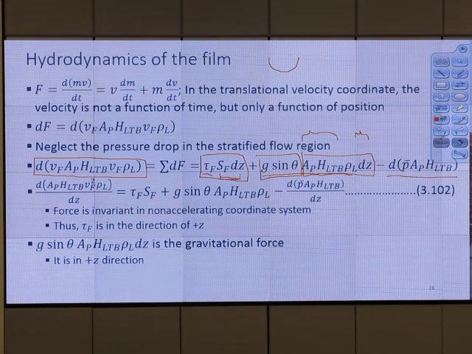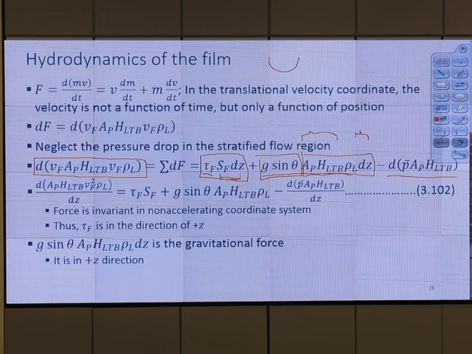What about this? Minus dP bar AP HL TB. Does this thing make sense to you? Not very much? Where is that from? Where is that from? dP bar AP HL TB. From the book, of course.